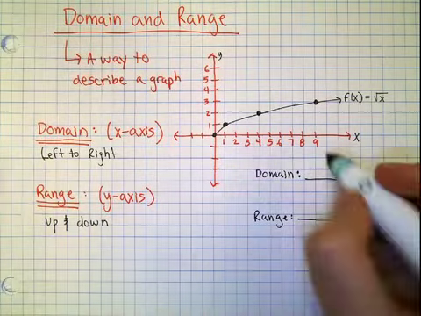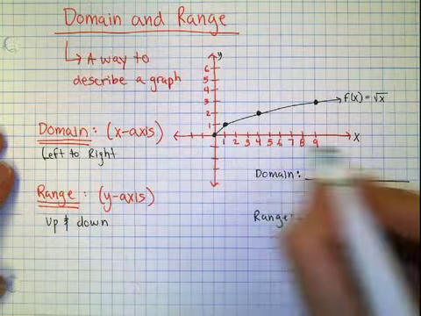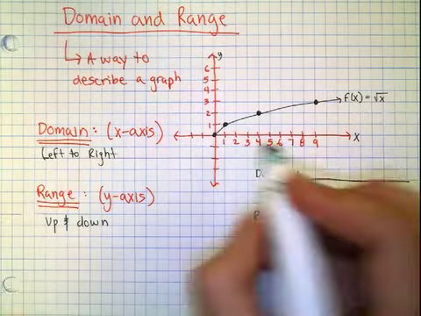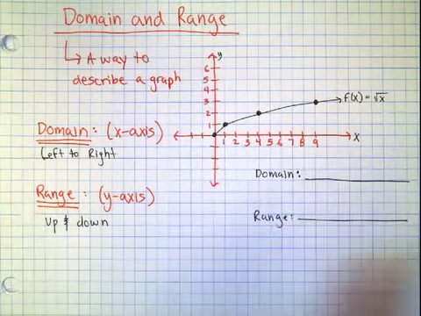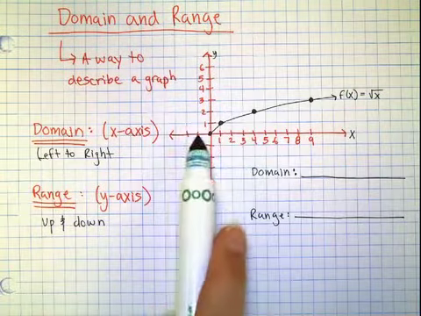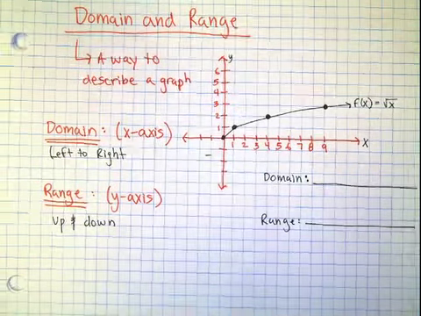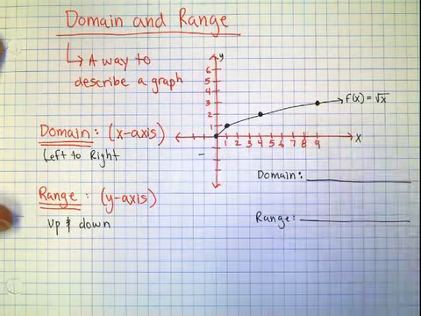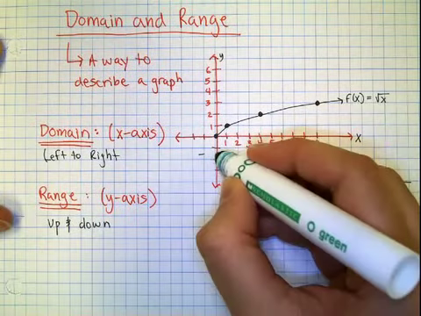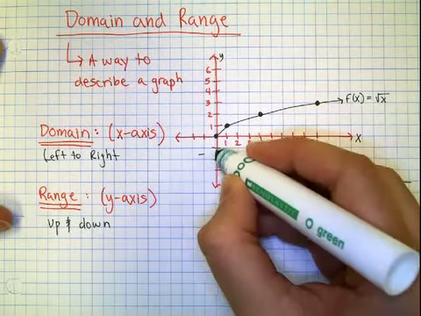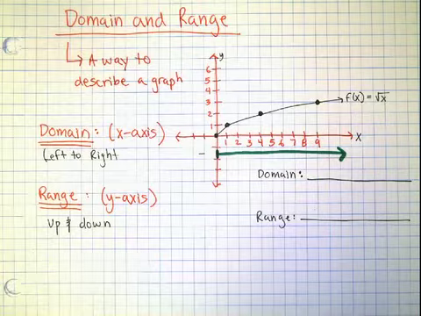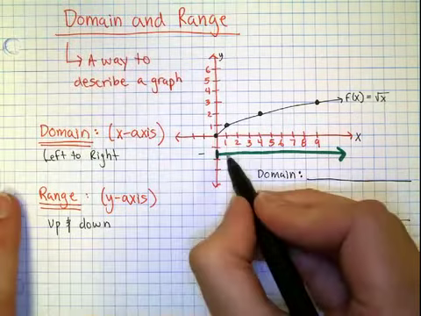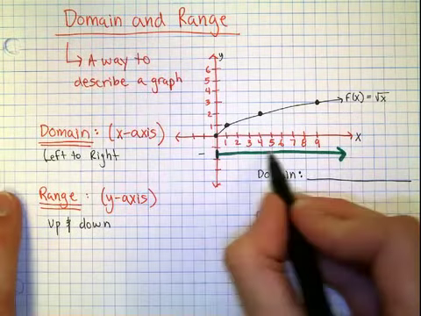Let's start with domain. Domain is the x values, the numbers going left and right. Do you notice how there's nothing going on this side of the graph? There's no negative numbers. It's blank over here. The first value that actually starts is right here at 0. So if I looked at the x numbers, the domain starts here at 0, and then the graph is going this direction. I'll draw a green arrow. So the domain is all of these numbers going out towards the positives.